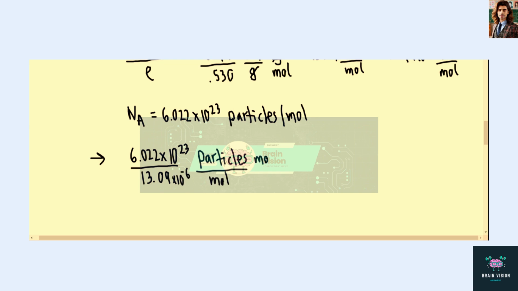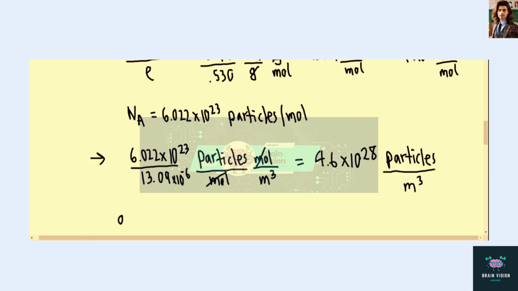So in taking the ratio of Avogadro's number with the cubic meters per mole that we just obtained, we'll get the number of particles per cubic meter. And this is 4.6 times 10 to the 28 particles per cubic meter.